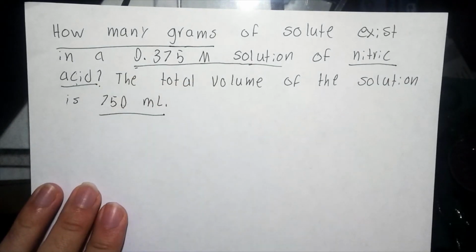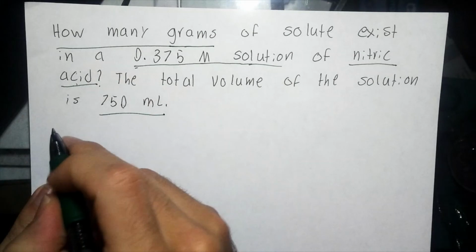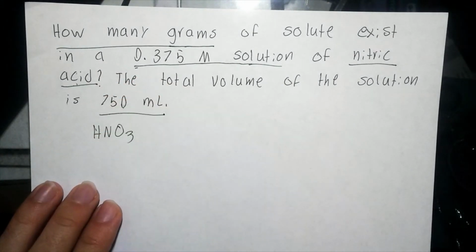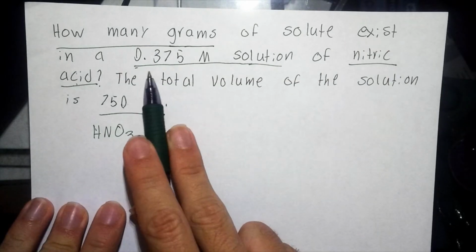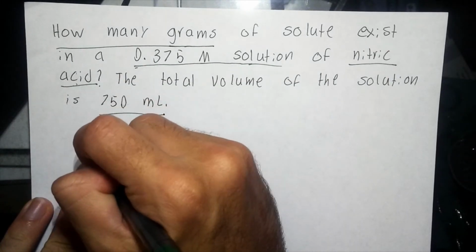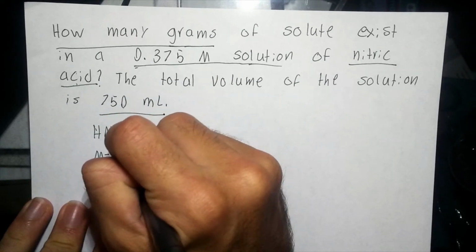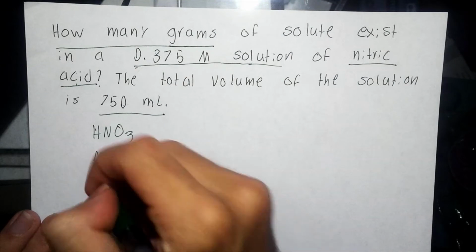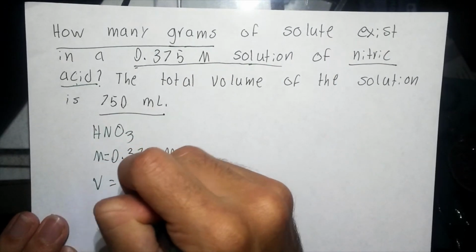Okay, so we have a solution of nitric acid, which is HNO3, and we know that its molarity is 0.375. So this time we're given the molarity of our solution, and we're given the volume in milliliters.